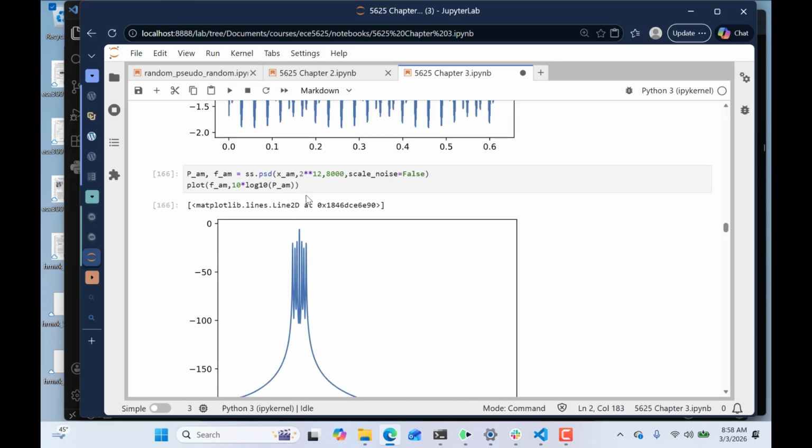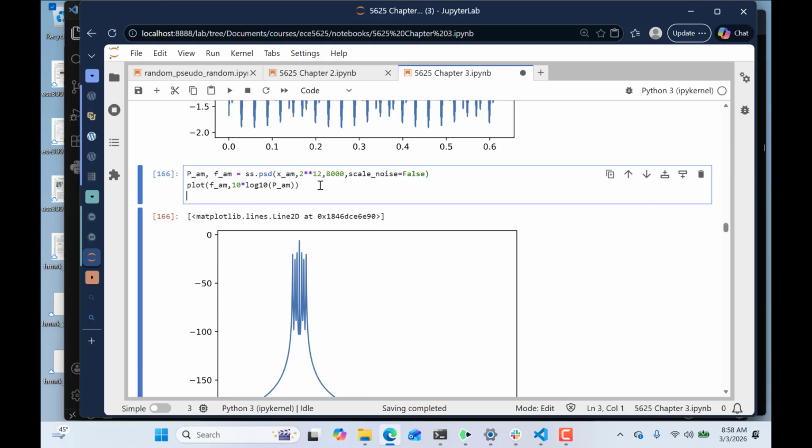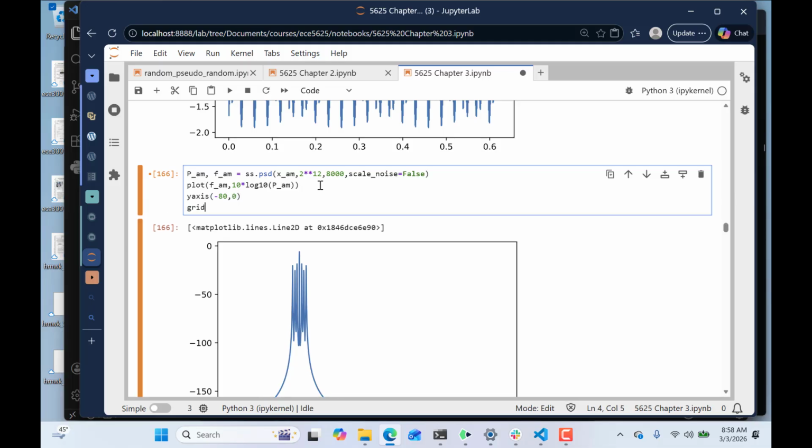So what I would do in my scaling over here, I would go y-axis, pick it up at -80. It looks like 0 is a good top number in this case. And I'll turn on a grid. And if I put a semicolon at the end, it'll suppress this display of the matplotlib address and everything.